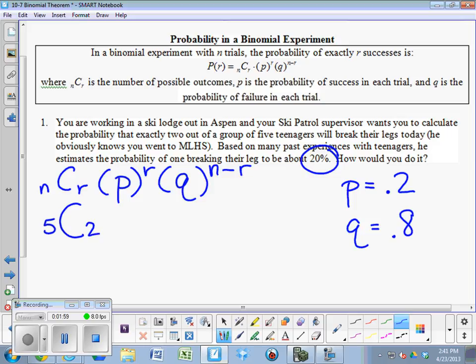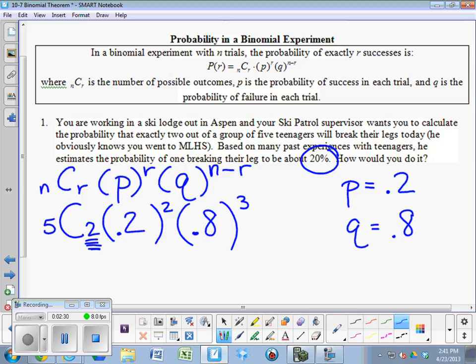We're calculating the probability that 2 of them will have an injury of this nature, times the probability that 1 of them will break their leg, 0.2. The exponent with P is always R, 2. The exponent with Q is always N minus R, the difference between 5 and 2, which is 3.